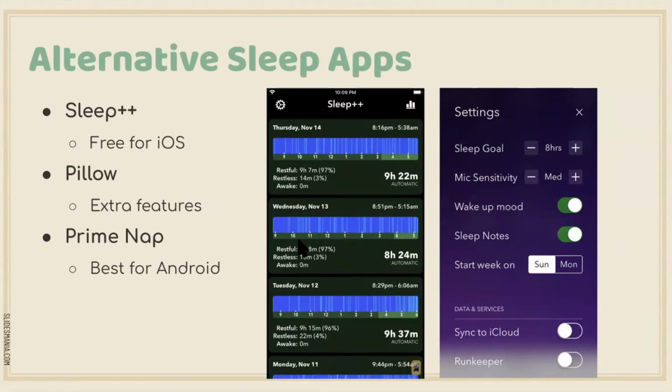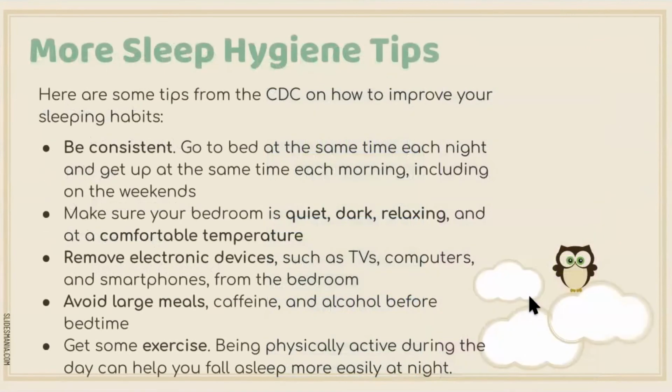You can look at examples such as this person on Thursday. You can see that they were sleeping for 9 hours and 22 minutes, and it'll give you information like that. There's also Pillow, which gives many extra features. And lastly, there's also Prime Nap, which is best and top recommended for Android devices.